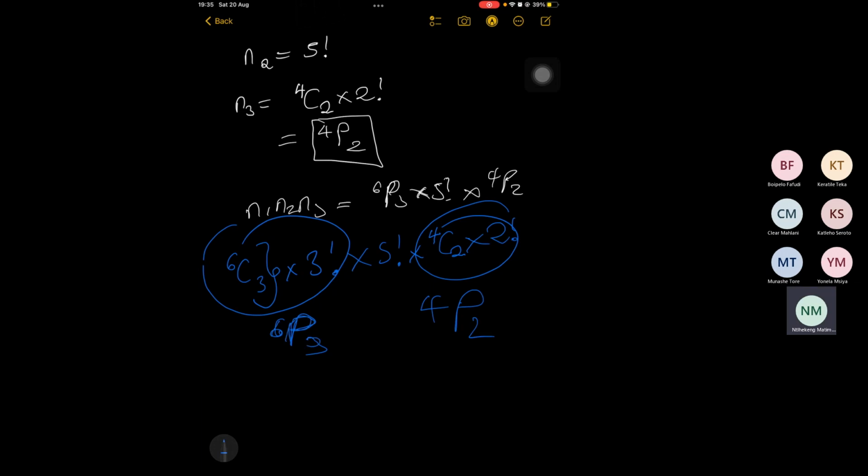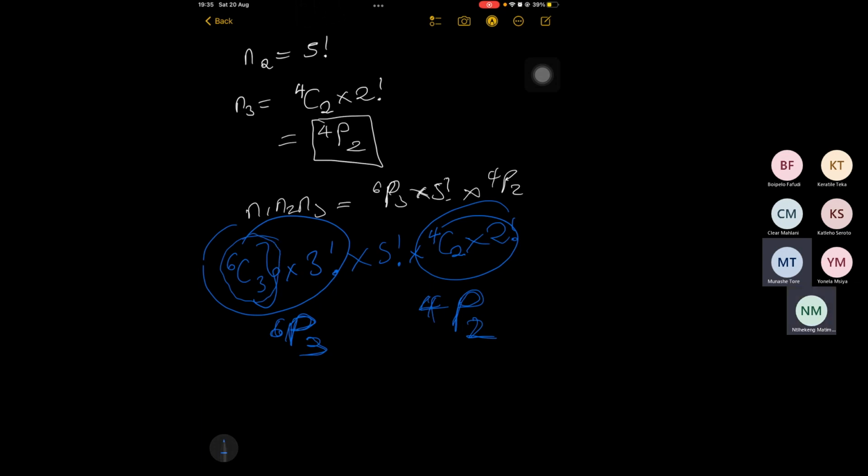So how would the question be if it was a combination problem? This is a combination problem on its own, but it's also indicating the permutation part of it, in the sense that the first condition is a combination problem.